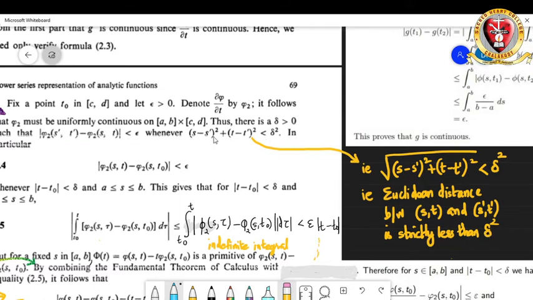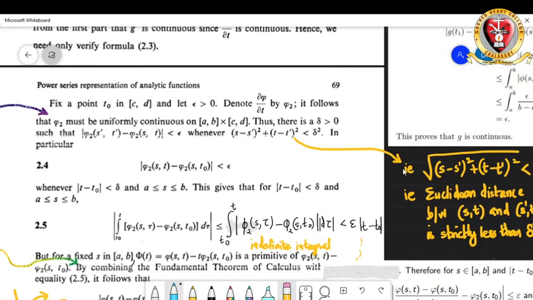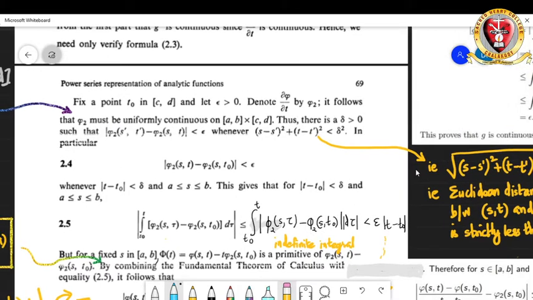That simply means that the ordered pair s dash t dash is the center of an open disk having the radius delta. So the distance between the ordered pair s t and the ordered pair s dash t dash will be strictly less than delta, right?